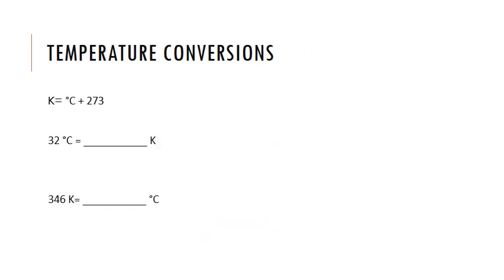Our last part is a couple of temperature conversions. When we want to do a temperature conversion, it's going to be set up very simply, we're just going to plug the numbers into our equation. So our first example says 32 degrees Celsius equals blank Kelvin. So the way we use our equation, it says K for Kelvin equals, and it says degrees Celsius plus 273.